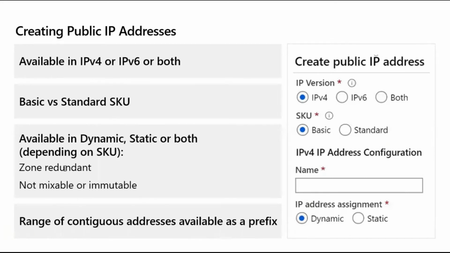Standard is zone redundant, Basic is not. A range of contiguous addresses is available as a prefix. So we can create this IPv4 Basic and create a public IP address. Once we create the public IP address, it can be used in different scenarios.